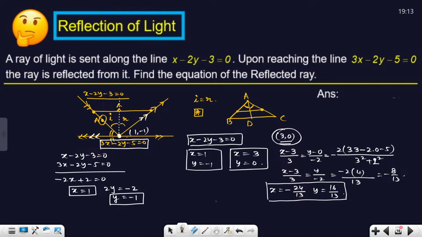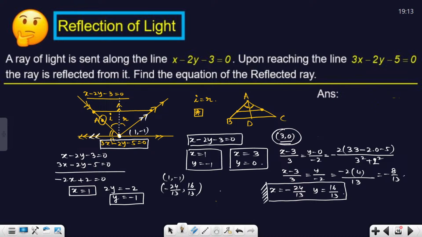It lies on the incident ray, so this is the coordinate of its image, and this point will definitely be on the reflected ray. So we have one point, (1, minus 1), on the reflected ray, and the other point is (minus 24 over 13, 16 over 13).